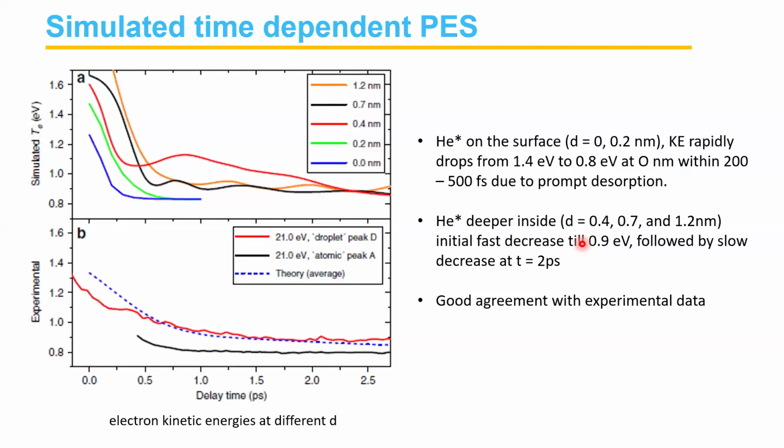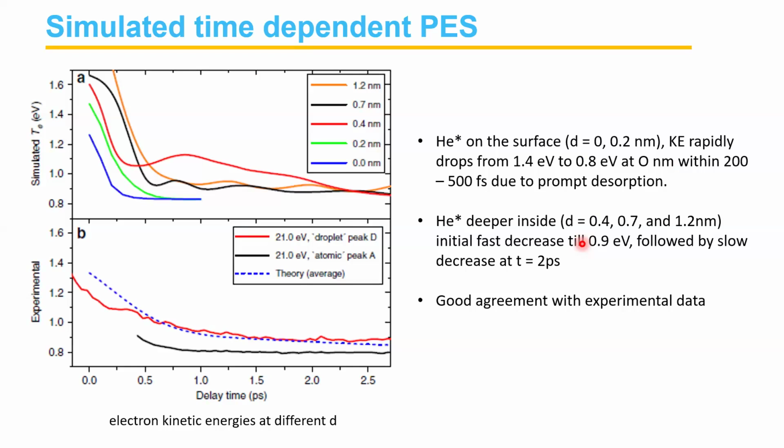Coming to this plot, it represents the simulated time-dependent photoelectron spectra. The x-axis represents the delay time, and this is the simulated kinetic energy. What we observed in the previous slide, the droplets, you can see very different at different positions, around 0.0 nanometer, 0.2 nanometer.